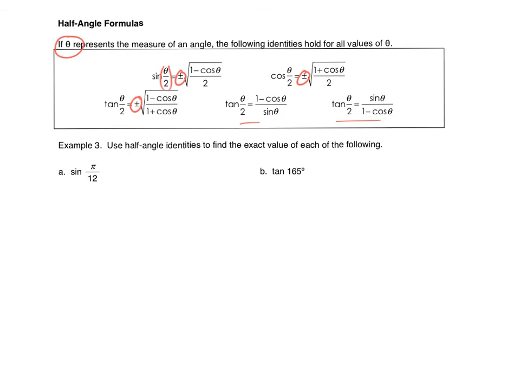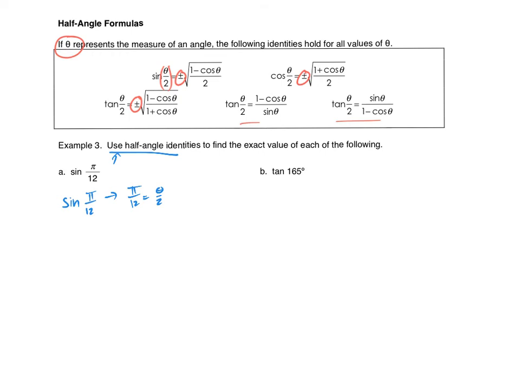In example 3a, it says to use half-angle identities, so we know we're going to be using one of them. We are looking at the sine of pi over 12, and we could use the sum or difference identities for sine, but we've been told what to do, so we're going to follow directions. And so sine of pi over 12 means that pi over 12 is theta divided by 2.